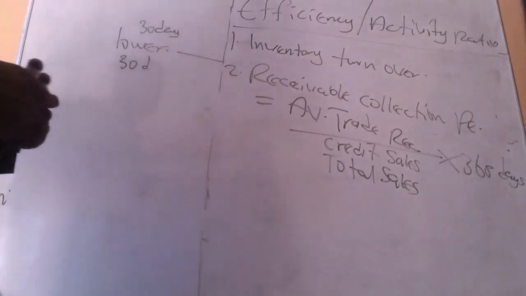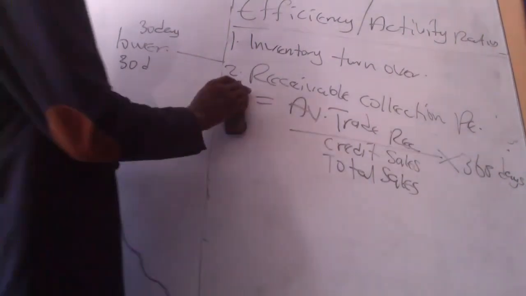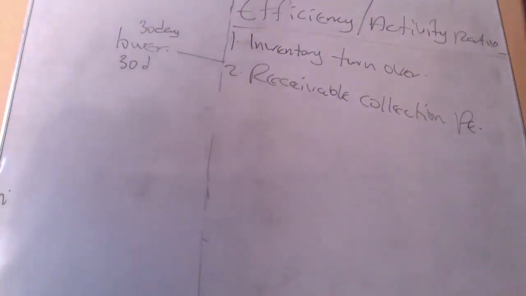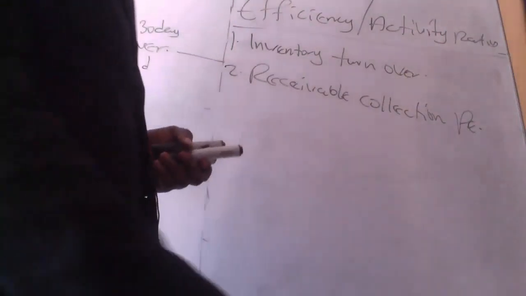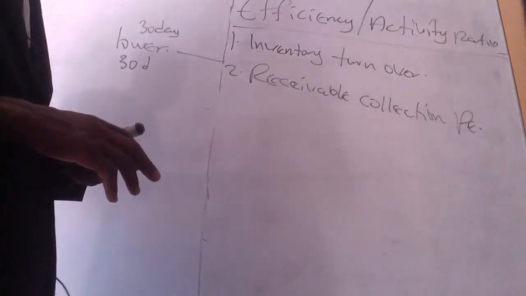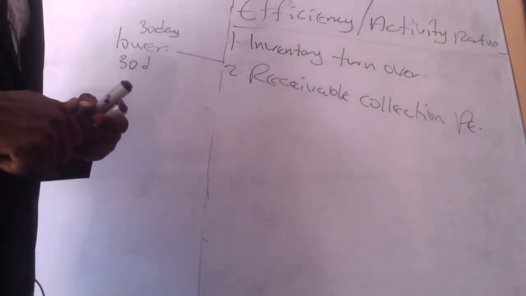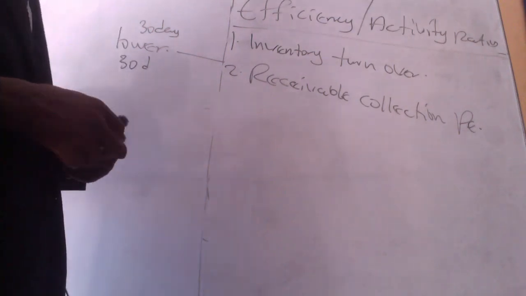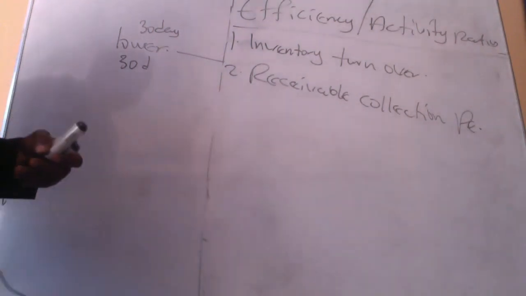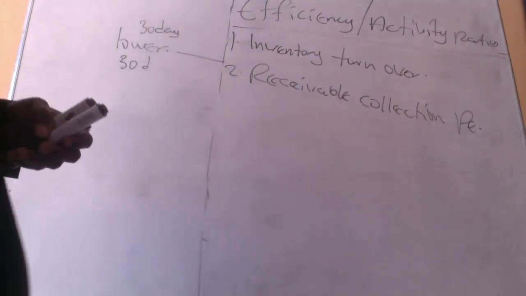So ideally, if you sell to your customers, it should take you 30 days to get your money. If it takes more than that, it might mean that you have a weak or poor credit control system, or an exceptional item.